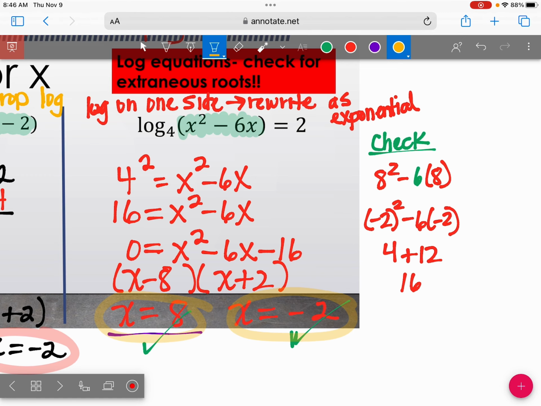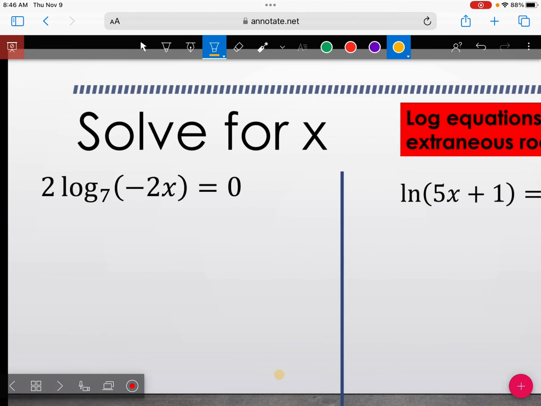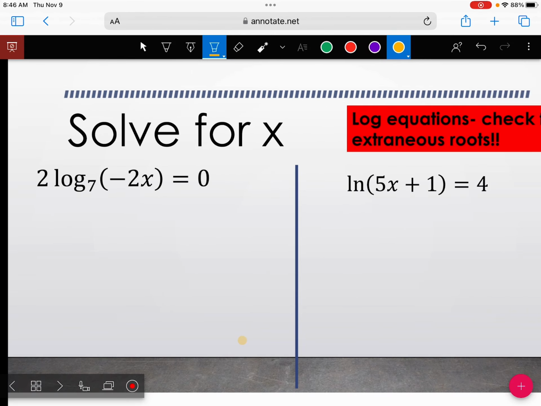All right, last question for today. Go ahead and copy down the one on the left. There's a couple different ways to do this equation, and you would get the same answer.